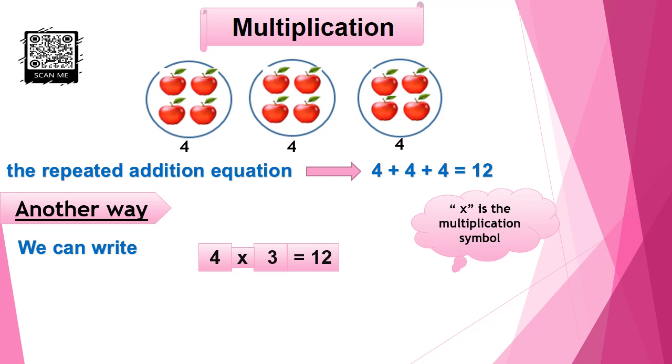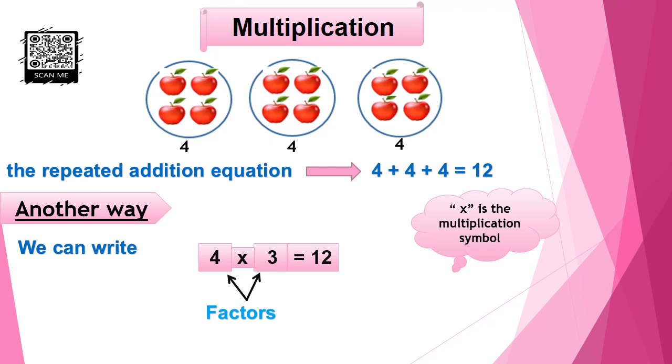We will memorize the tables of multiplication. It's like skip counting. Here I repeated 4 three times, I can say 4, 8, 12. When I repeat 4 three times, I got 12.